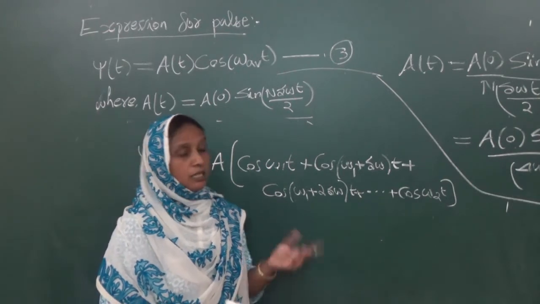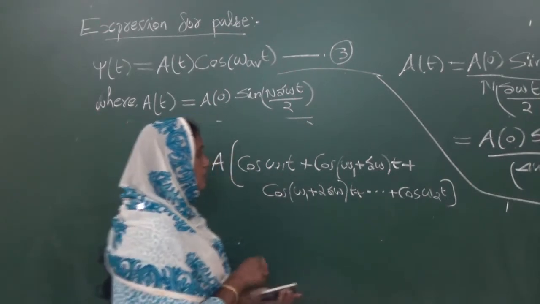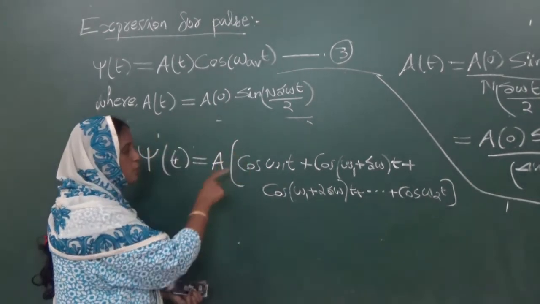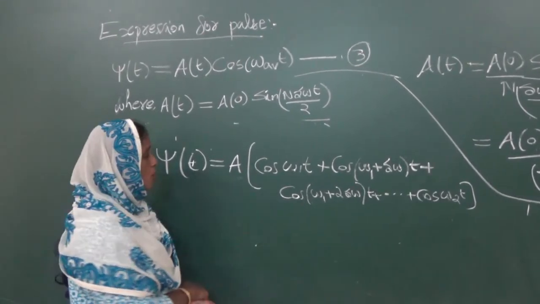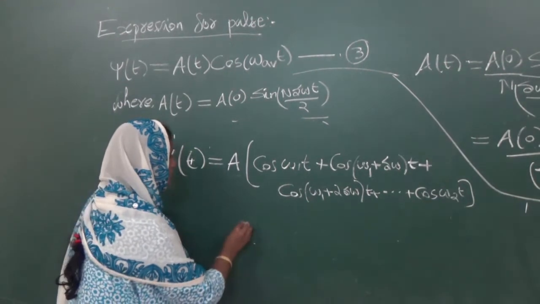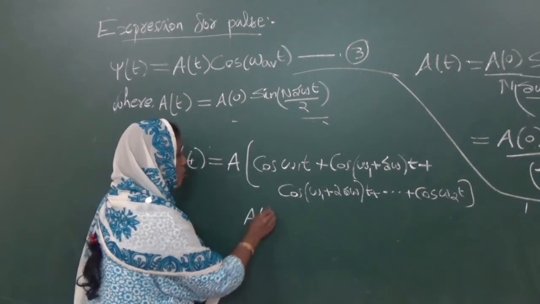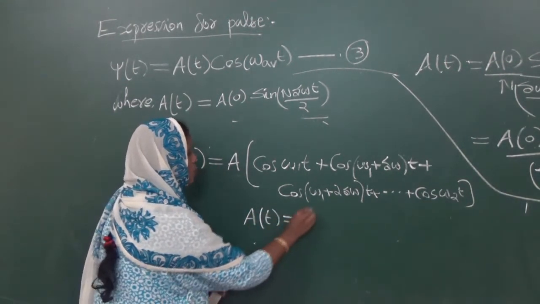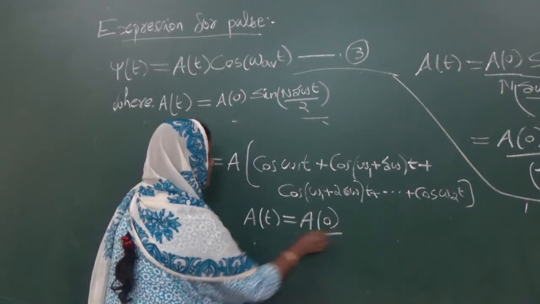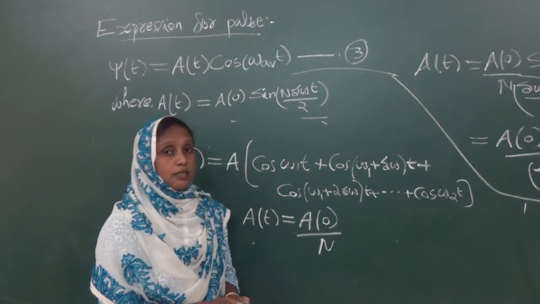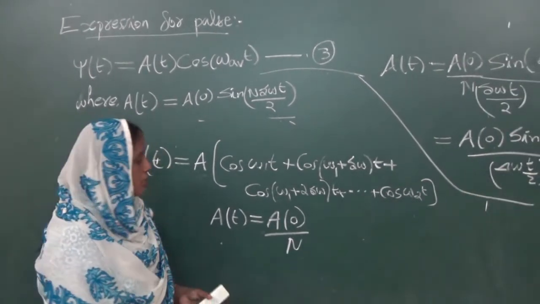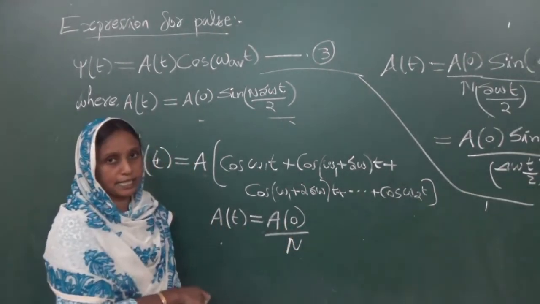This expression is familiar to us. We derived it earlier. Now we can use some substitutions here. Here there is amplitude A. So we already found that A of t equals A of 0 by N. This equation was derived earlier in our previous lecture, so we can use this expression here.